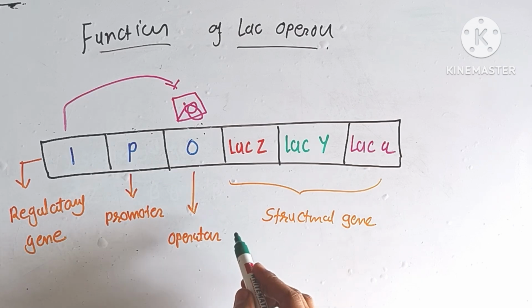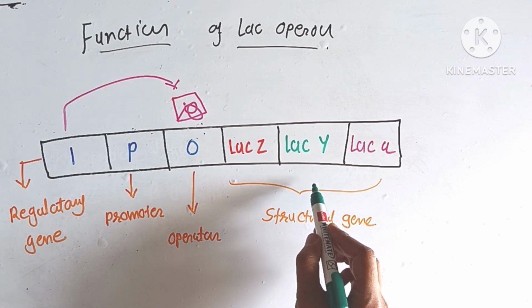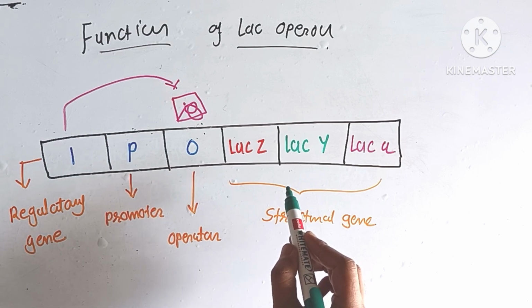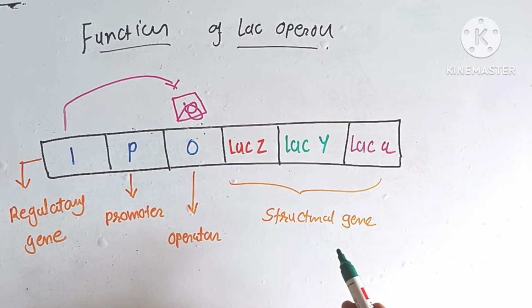So in result, protein means what? These genes produce enzymes like beta galactosidase and permease, as we discussed previously, and these enzymes are not produced, and as a result catabolism or degradation of lactose does not occur.